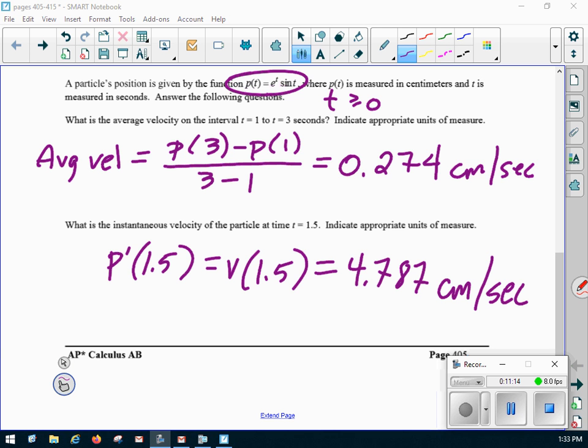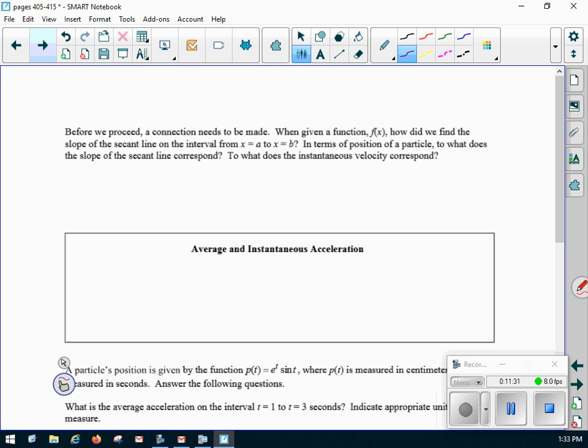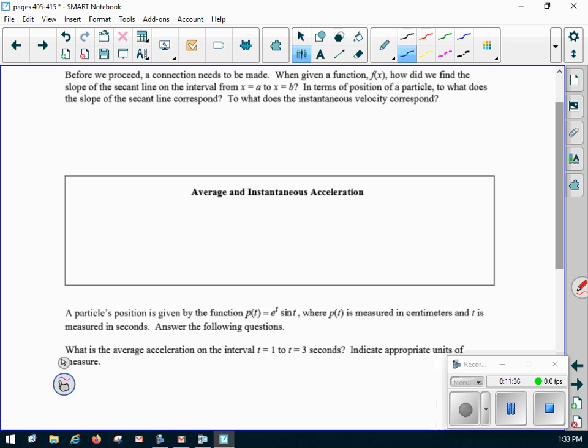Velocity has two components, speed and direction. We'll get to it. I don't want to elaborate there. Speed and direction. All right, let's read.